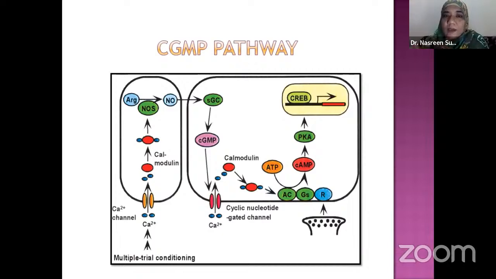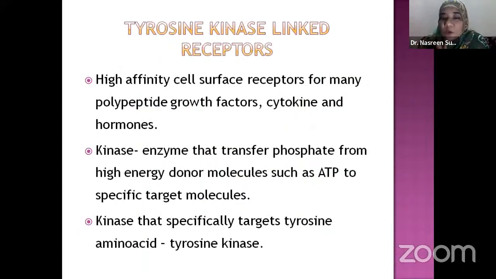That's it. Okay. Next, you are having tyrosine kinase linked receptors. Here, these receptors, they are actually high affinity cell surface receptors. They are having high affinity to the cytokines and hormones, especially to the cytokines and the hormones. Okay. Now, tyrosine is an amino acid. What is kinase? Kinase is an enzyme which is going to transfer phosphate from ATP to a specific target molecule.